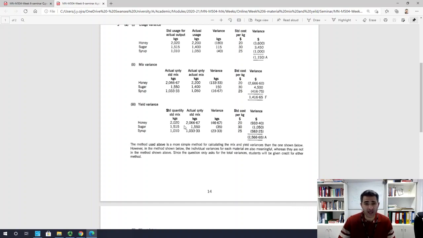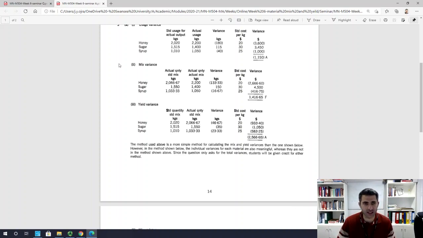But now when we look at the yield variance, what do we look at, guys? We look at the output, right? The output, not the kilogram or the input. So now you can see the standard quantity at the standard mix.